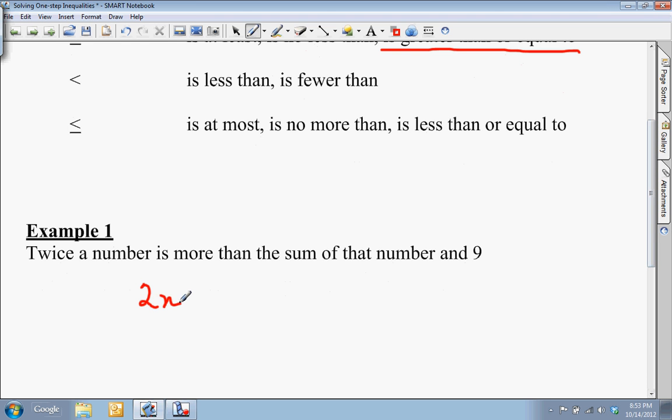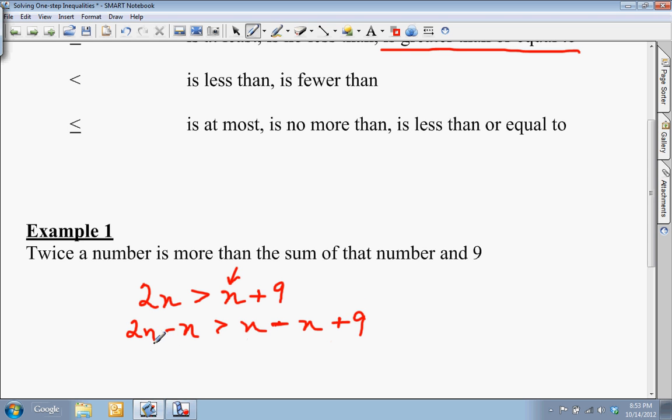Twice a number is more than the sum of that number and 9. So I've taken that and expressed it as an inequality. And now we would like to solve it. The first thing you should recognize here is that we have variables on both sides of the equation, and we want to get them on the same side. So I would recommend we move the smaller. And in that case, we're going to move that 1n by subtracting it from both sides.